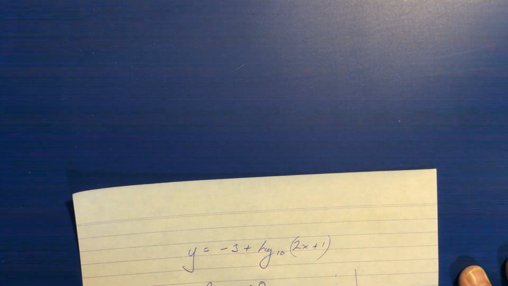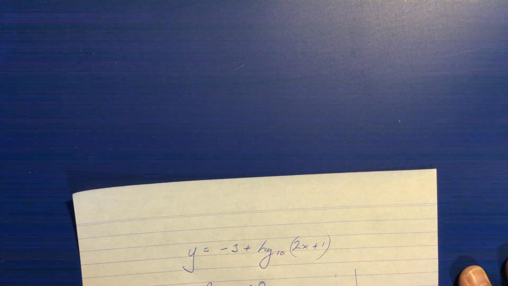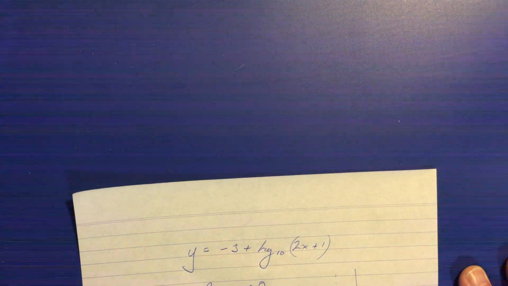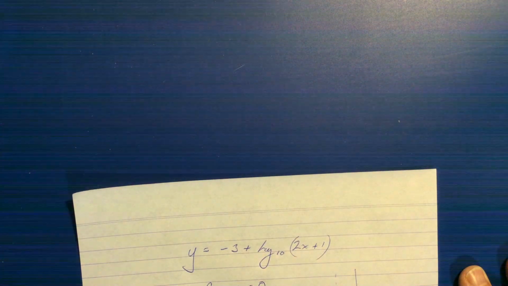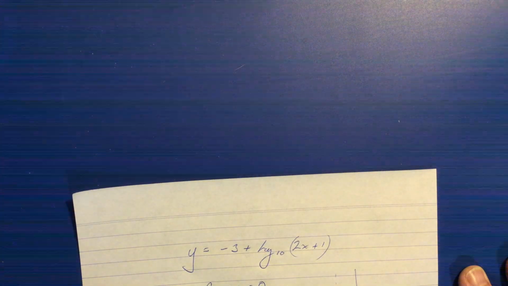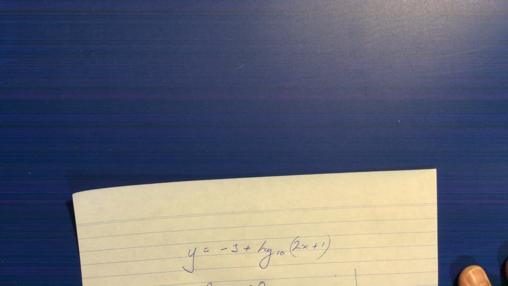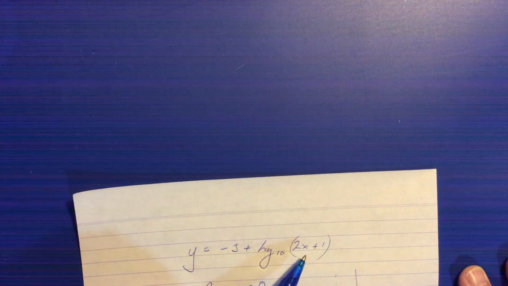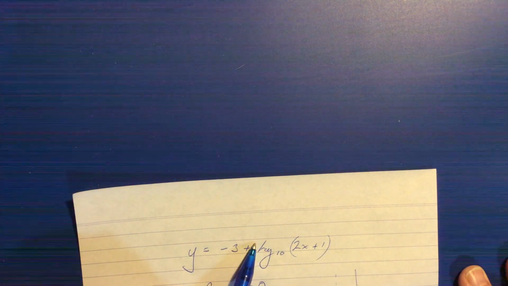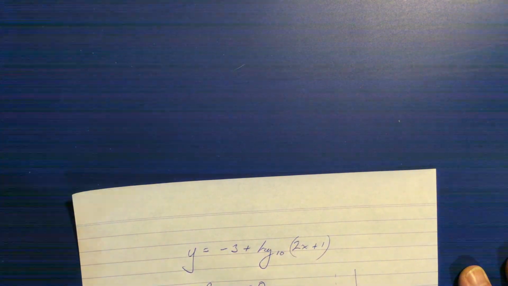Now, 10 to the power of what equals 0? Well, nothing. There's no power of 10 that will give us 0. We can find a power of 10 that will give us an incredibly small number, but not 0. So in terms of logarithmic notation, this thing has to be greater than 0.